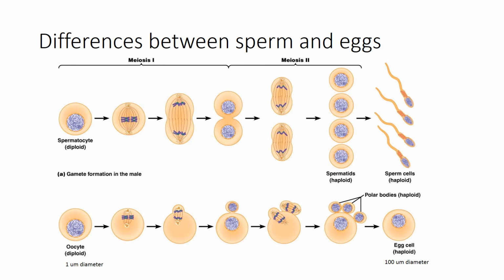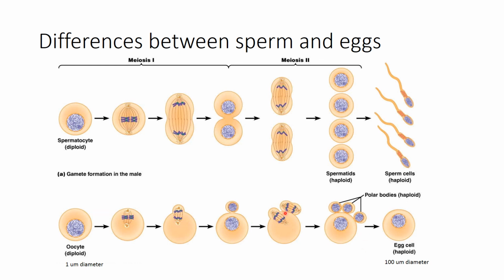But they're frozen in meiosis 1. So they're kind of here in this stage, right in here, until you hit puberty. Once you hit puberty and you start menstruating, that's when every month, once a month, it will continue through meiosis 2 to produce one of these egg cells that will be ovulated.